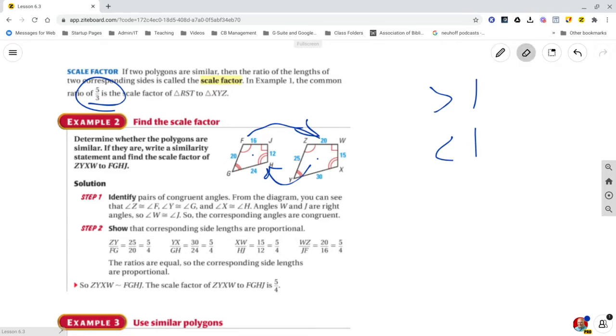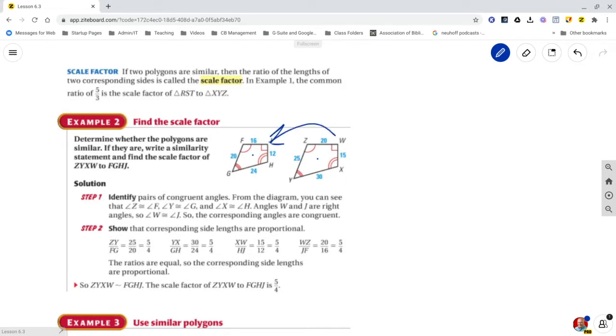Once we determine the scale factor, as we look at this example, we're comparing the scale factor of this one to that one. The language is a little bit confusing. We're comparing this one to this one, which means this is our starting point. So this would be number 1 and this would be number 2. That's why the scale factor here is going to be greater than 1, because each of the sides is bigger from number 1 going to number 2.